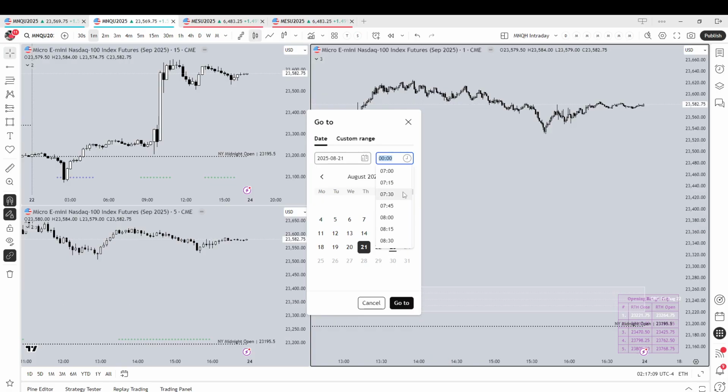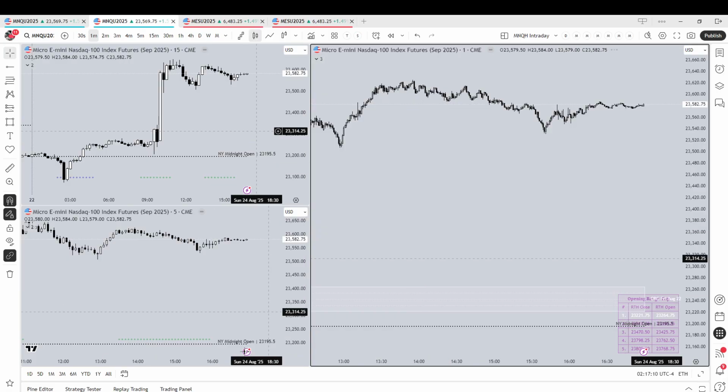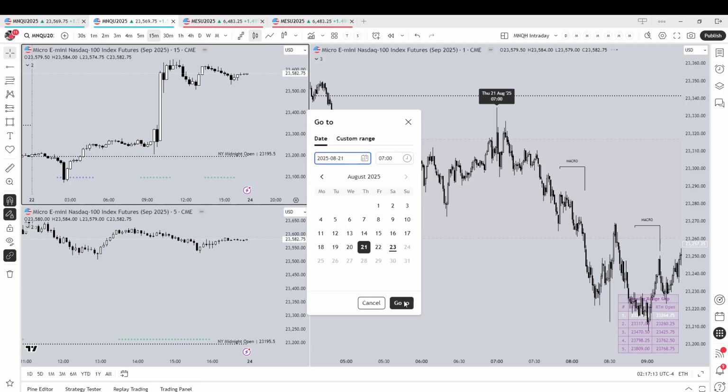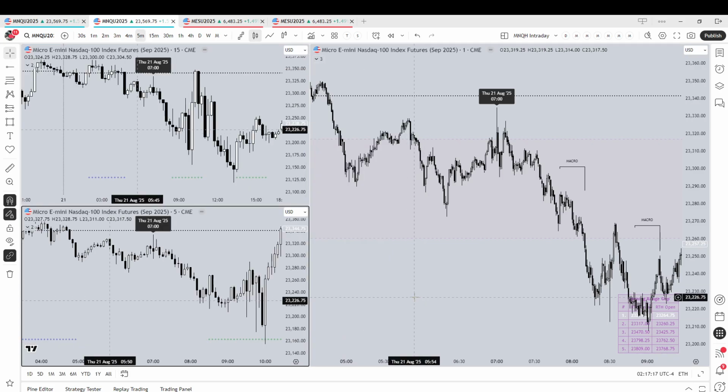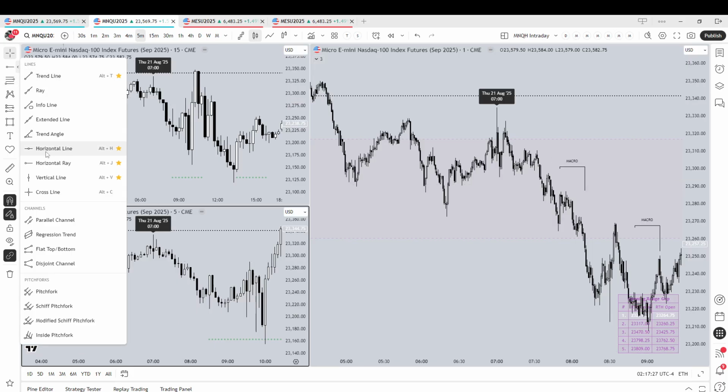Okay, so let's go over to Thursday. What were we looking at here? Remember, my first trade was at 9:33, 3 minutes after the equities open, and my second trade was at 9:42.